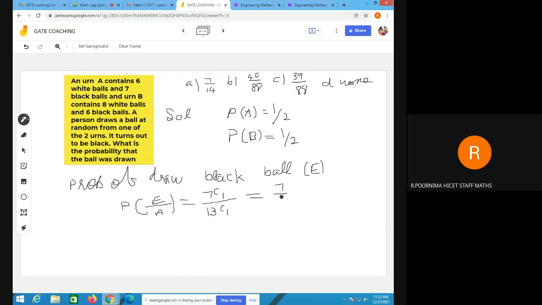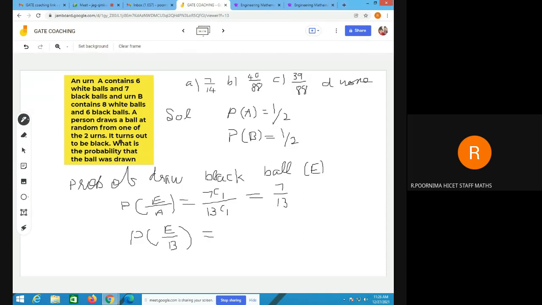So 7 by 13. In a similar way, we do it for urn B also. P of E given B: we are selecting one ball from urn B that turned out to be black.